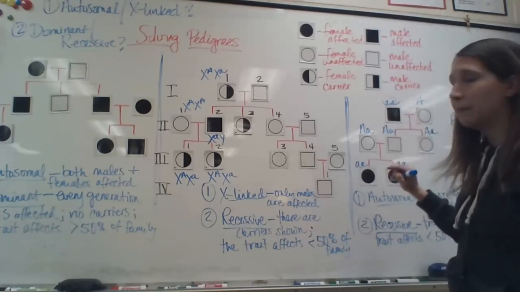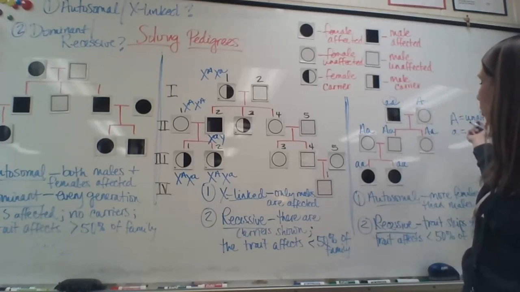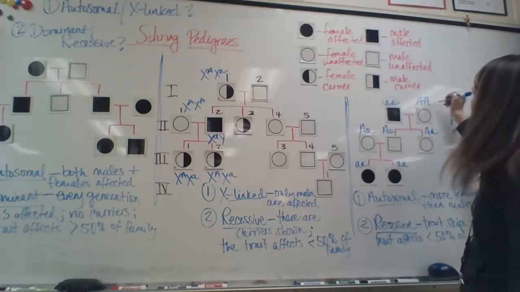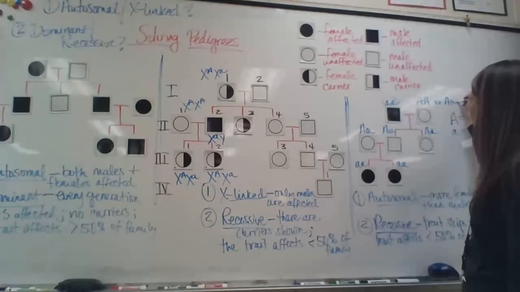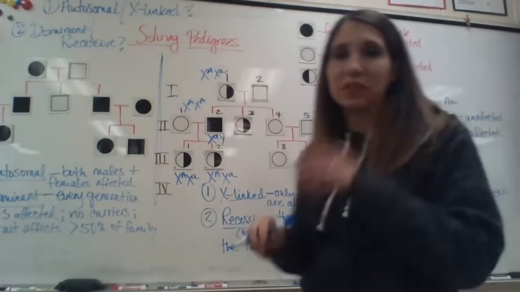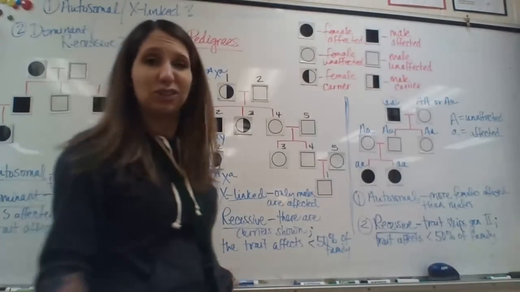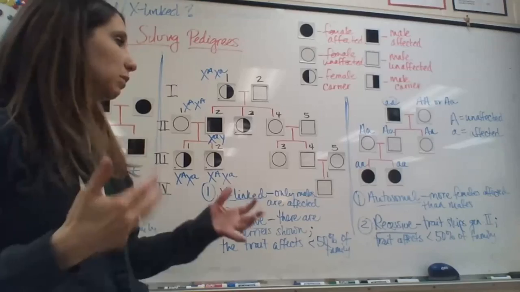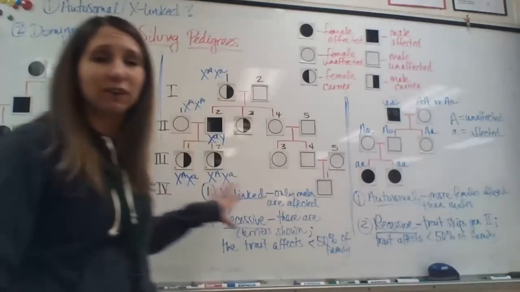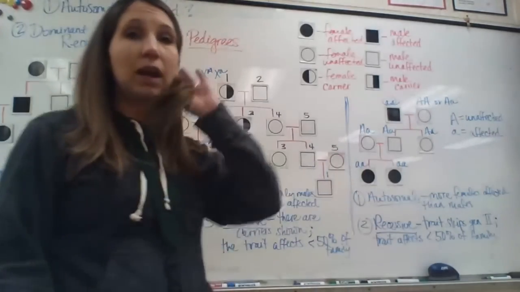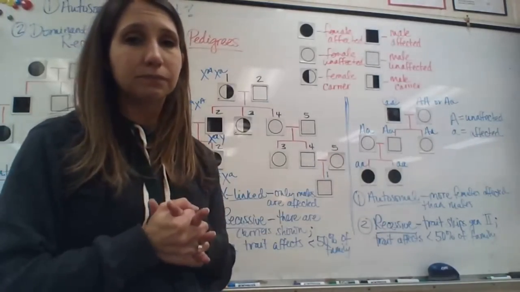But this mom up here could have been big A, and passed on one of those 2, or she could have actually been big A, little a. And so with that, we can sometimes go through and identify these genotypes, and you will be asked to do that as well. But again, the key would be you've got to figure out this stuff down here first, be able to answer those 2 questions, to then go back and assign some actual genotypes, okay?